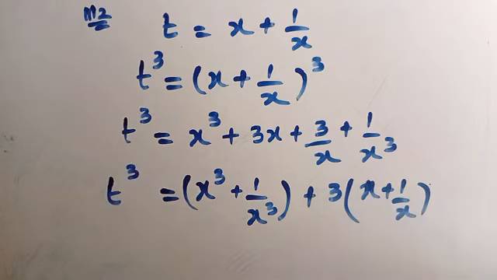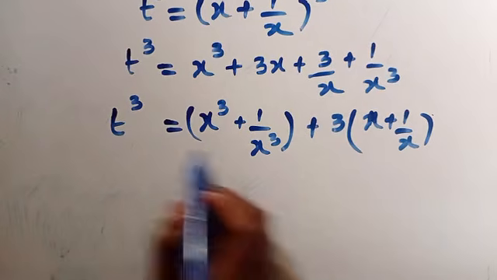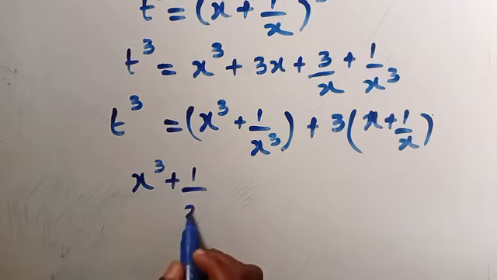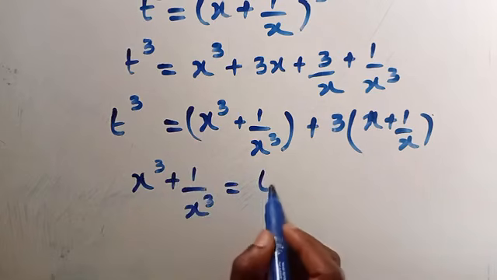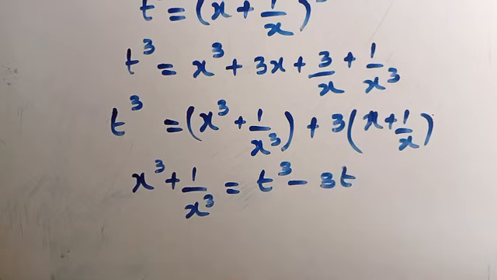But x plus 1 over x is given as t, which we let initially. Transferring it here, we are going to have x cubed plus 1 over x cubed equals t cubed minus 3t.